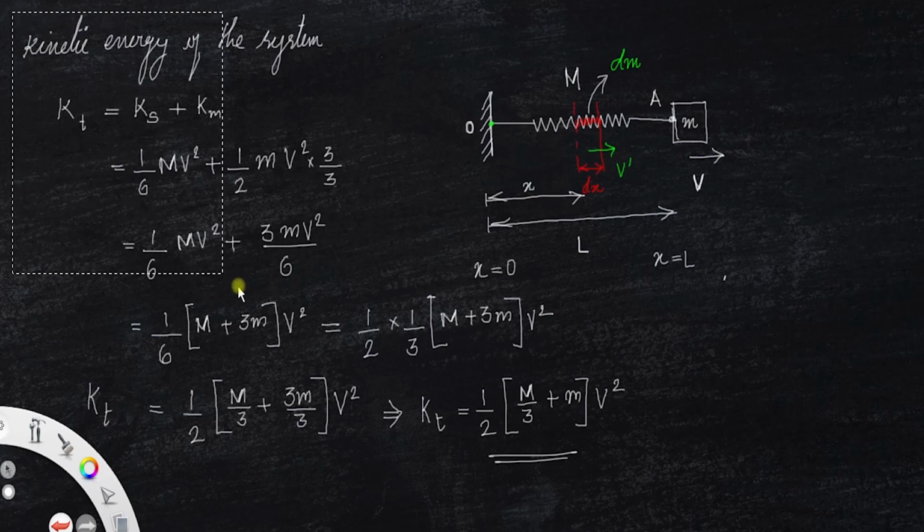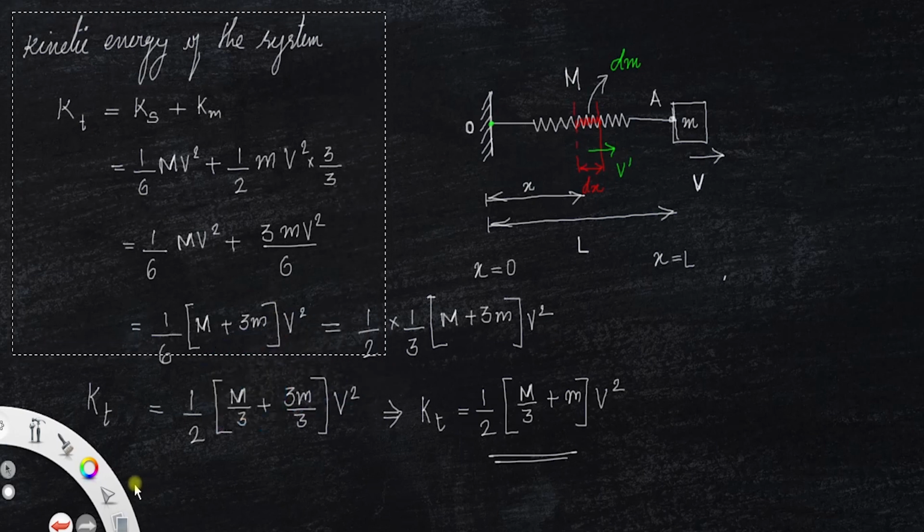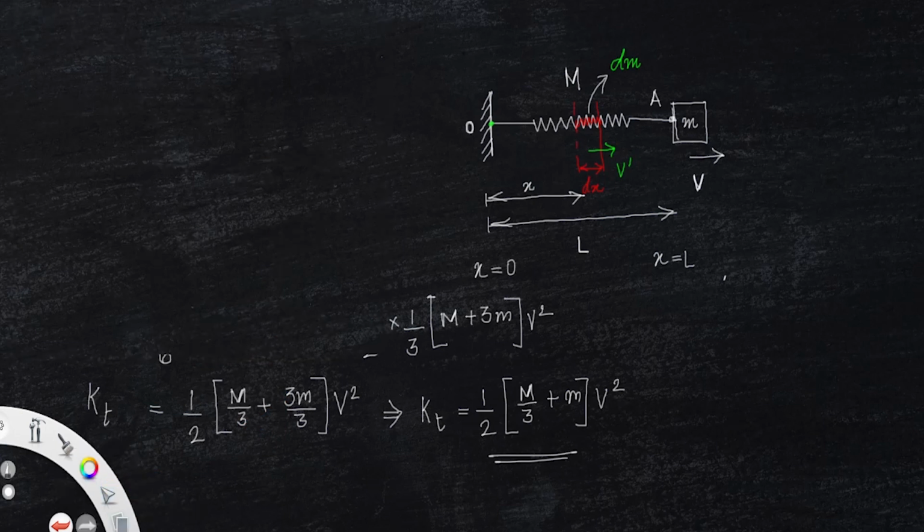Now you just take the whole system as a single unit, and we can write the total kinetic energy is equal to half m, the mass of the system, or you can write effective mass times v square. Call this equation number 4, and this equation number 5.